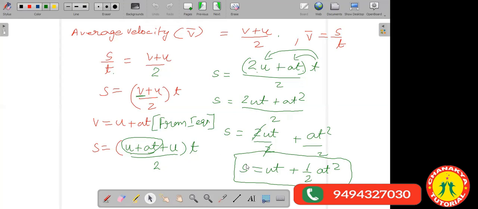So try to write down and memorize this formula: s equals ut plus 1 by 2 at squared. We will use this formula to find out. Harshit, are you there?